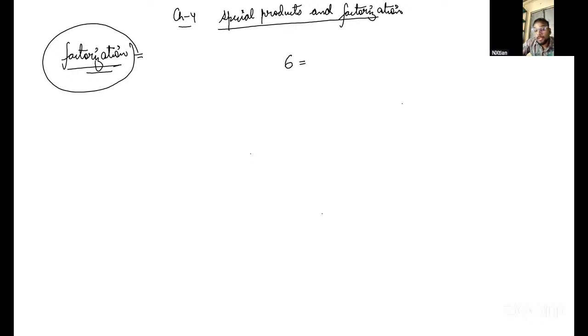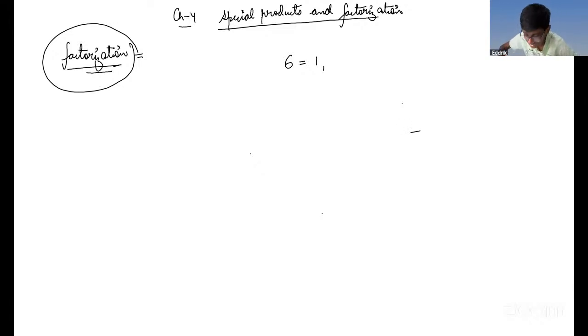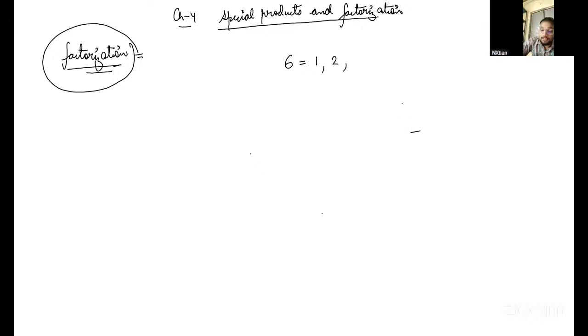Means 6 is coming in which table? 1, 2, 3, and 6. These are called factors. Understood? So factors mean in which table the number is coming.